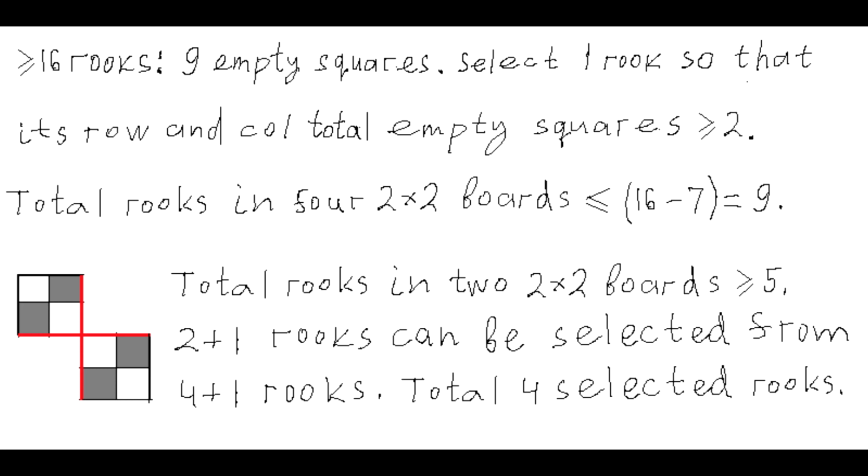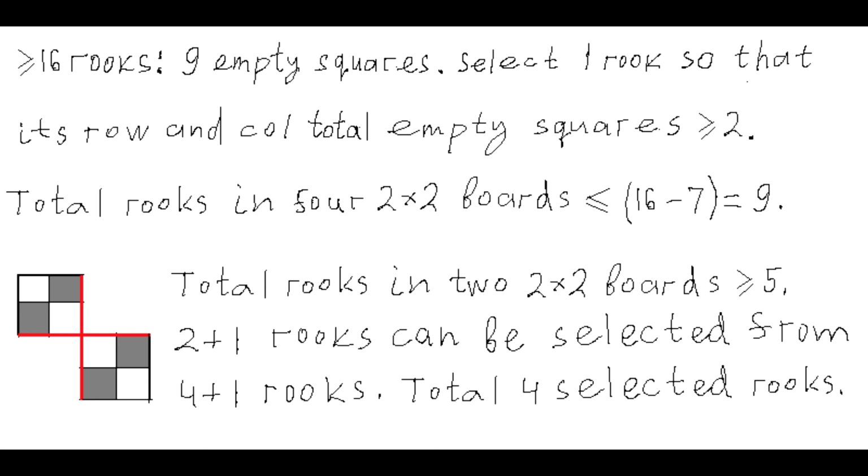That allows us to select the first rook so that its row and its column combined contain at least 2 empty squares. Then the total number of rooks placed in the remaining 4 by 4 board is at least 16 minus 7 equals 9 rooks.